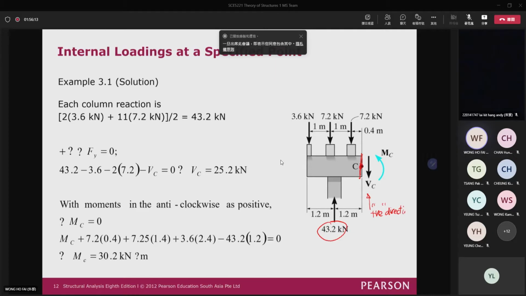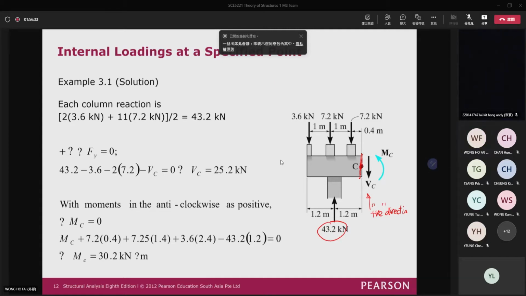For shear, it points downward because you can turn this section in the clockwise direction. For moment, it makes the structure happy, so it should be concave downward. I mean, the direction of the moment should cause the beam to bend concave downward.